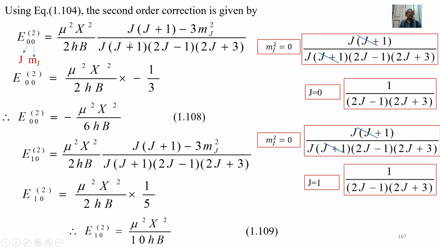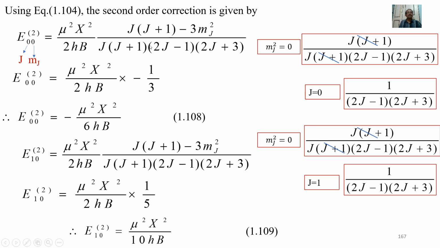This refers to j and this refers to mj, and the change in second order correction is given as E102 minus E002. We are going to calculate the transition between these two lines. Now let us calculate.